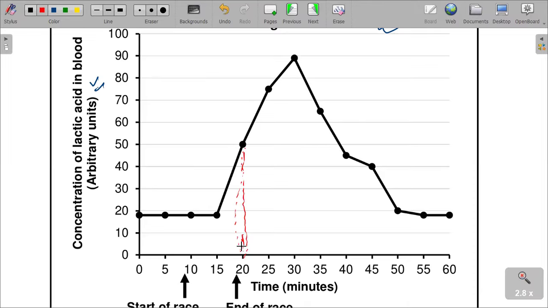It is at 20 somewhere there where the race is ending. So for how long did it continue to increase? We can say that it continuously increased, for minutes, from 20 up to somewhere here. That is where it increased.